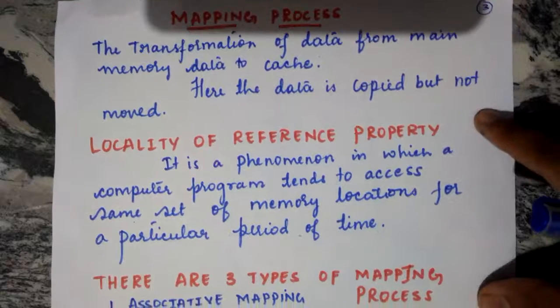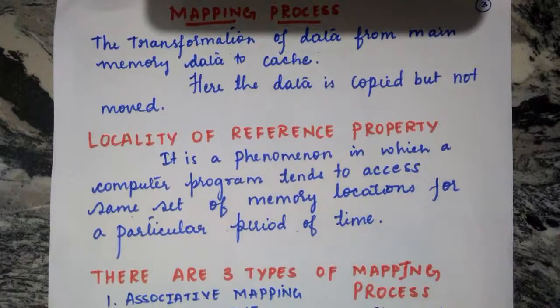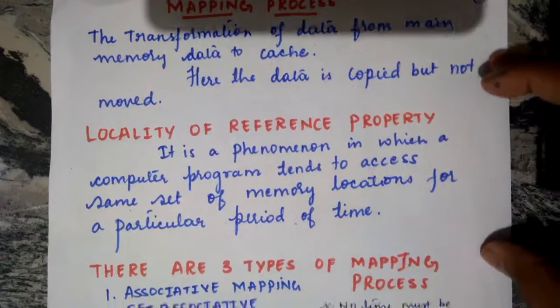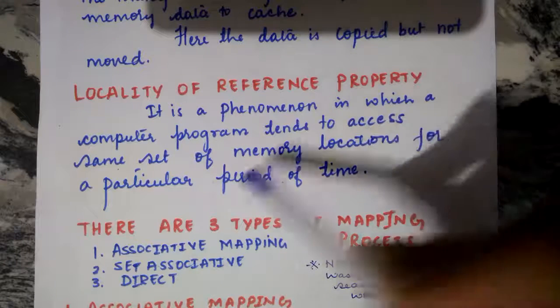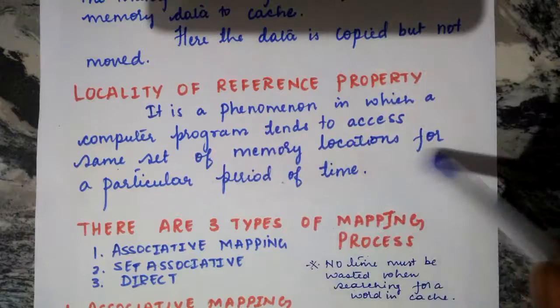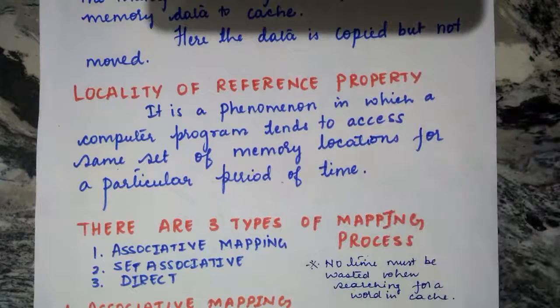In the mapping process, the data from the main memory is just copied to the cache, but it is not moved. Locality of reference property is a phenomenon in which computer programs tend to access the same set of memory locations for a particular period of time. That means the instruction being executed is close to the previous instructions for some period of time.